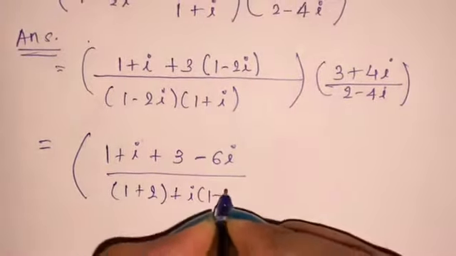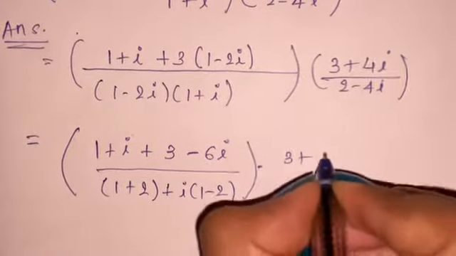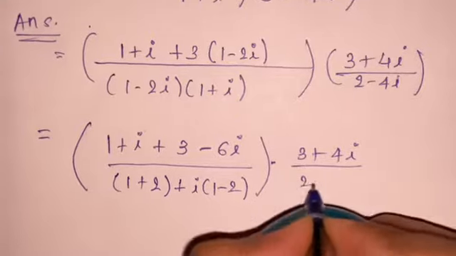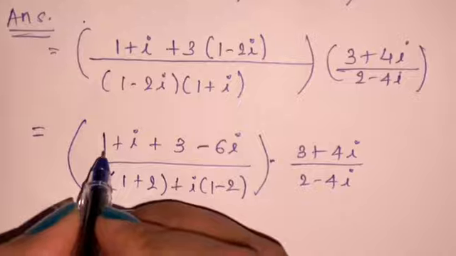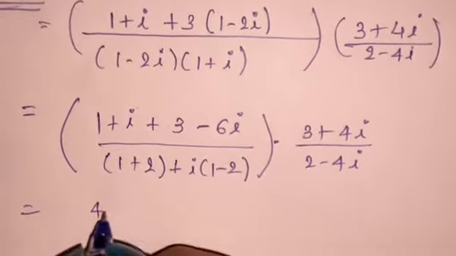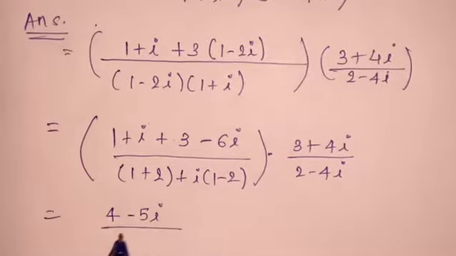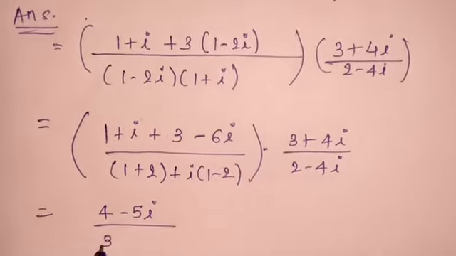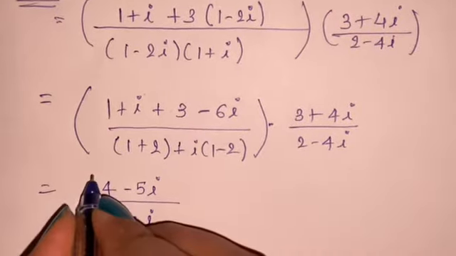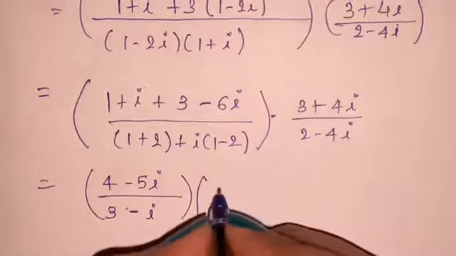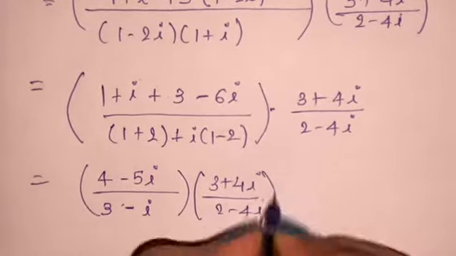Plus i, 1 minus 2, okay, into 3 plus 4i by 2 minus 4i is equals to, now 1 plus 3, you will get 4, minus 6i plus i is minus 5i, divided by, over here 2 plus 1, 3, minus i. So this is one bracket and the other is 3 plus 4i by 2 minus 4i.